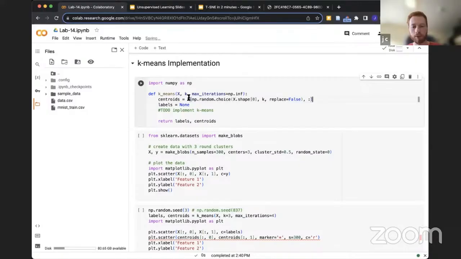So out of all X, we choose essentially K, and we do not replace the data set.